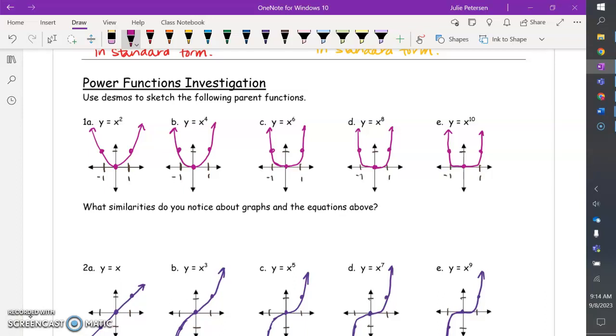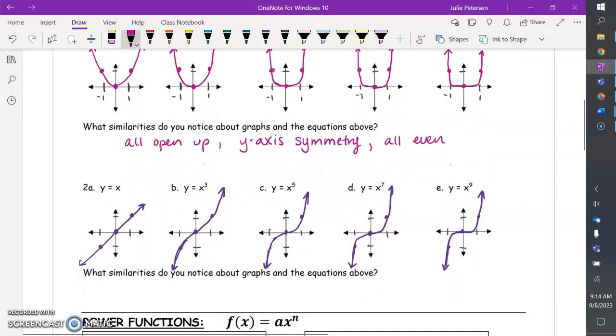They all open up. They all have y-axis symmetry, and that means these are all even. That makes sense because the exponents are all even.